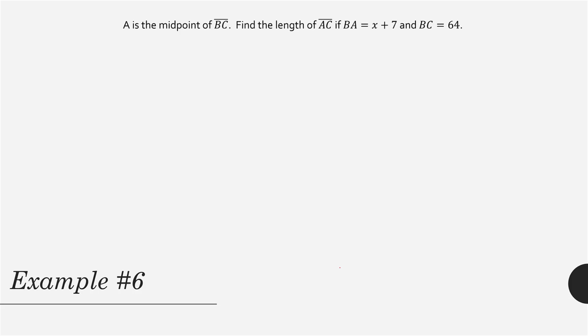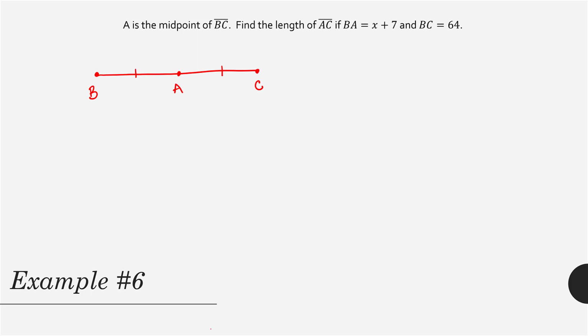Okay, here's another one we need to draw. A is the midpoint of segment BC. Start with our segment BC. A is the midpoint, so A goes in the middle. And because it's a midpoint, I'm going to label those congruent on the left and the right.